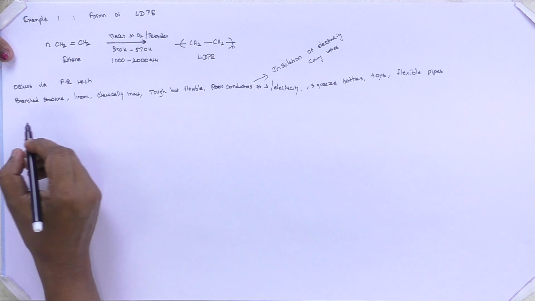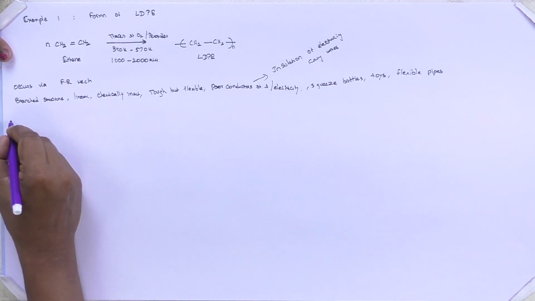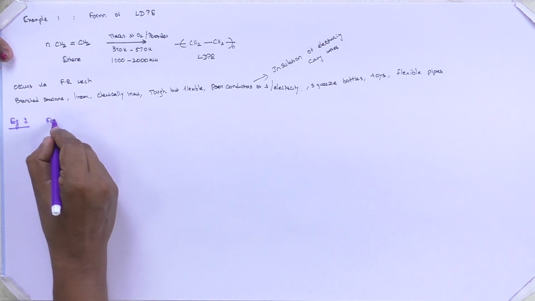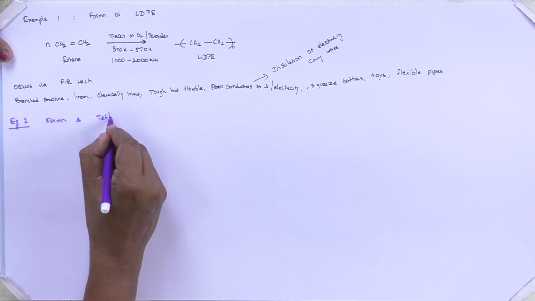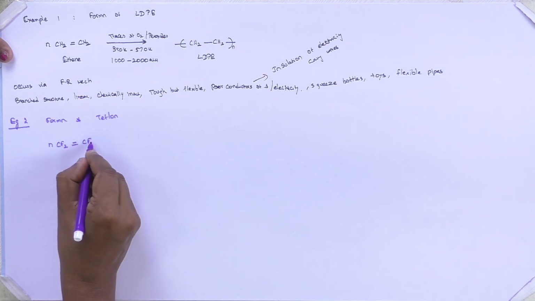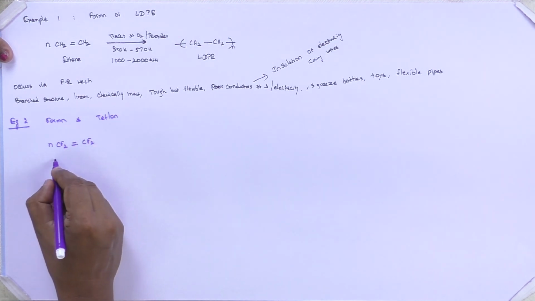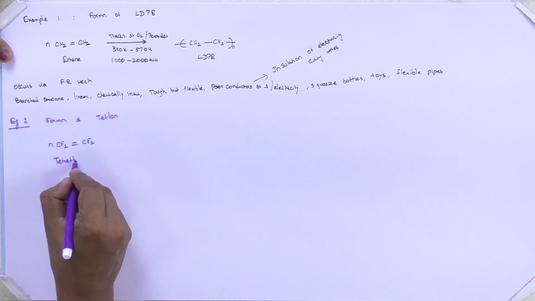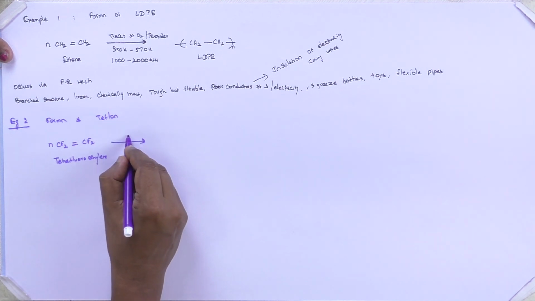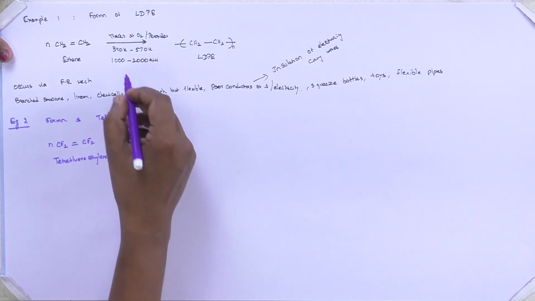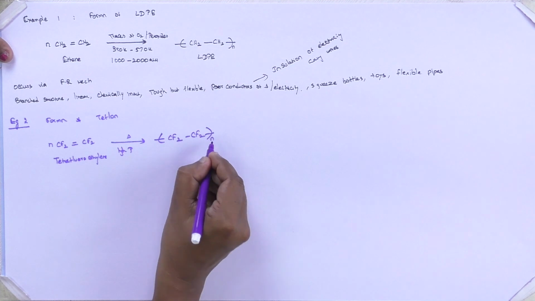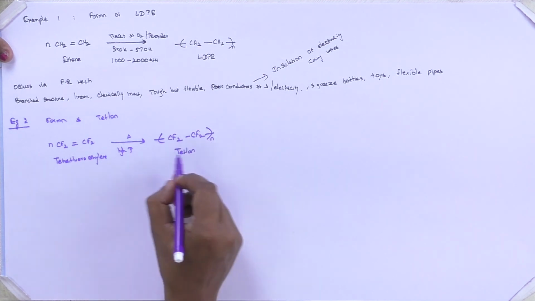And the second, example 2, is the formation of Teflon. n molecules of tetrafluoroethene, or tetrafluoroethylene, again in the presence of heat and high pressure like 1000 to 2000 atmosphere, will form Teflon, polytetrafluoroethylene.